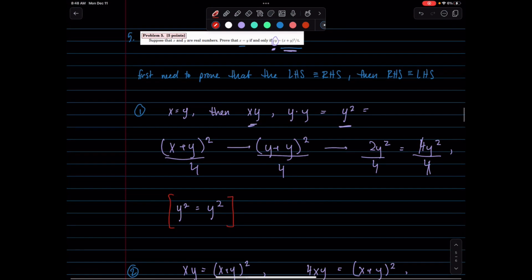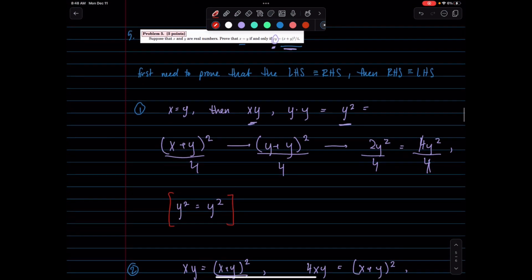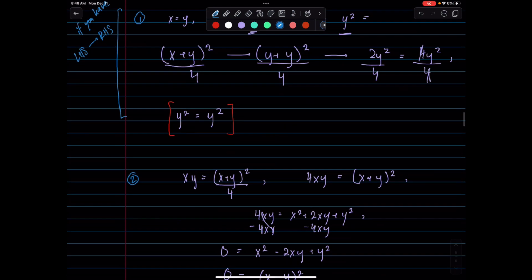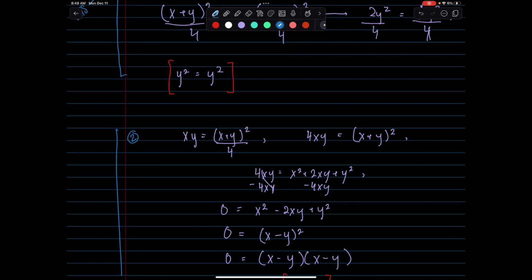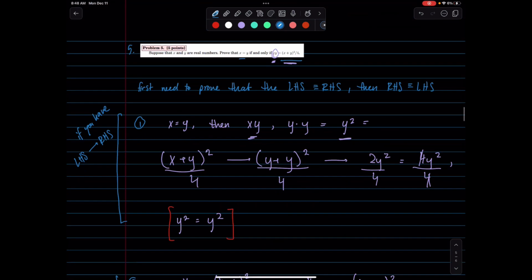So we proved both sides of this equation, right? That if you have the left-hand side, it goes to the right-hand side, and then this is right-hand side to left-hand side.